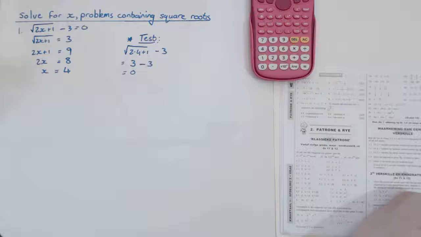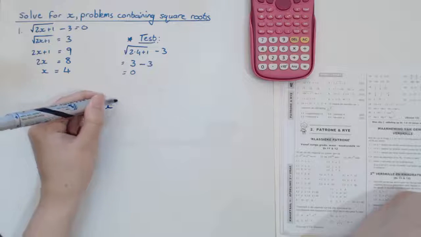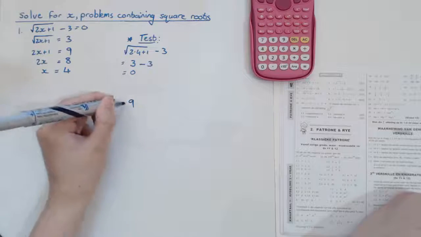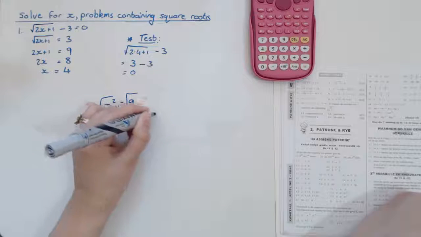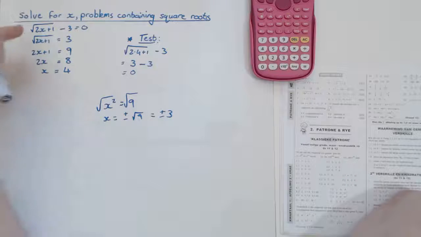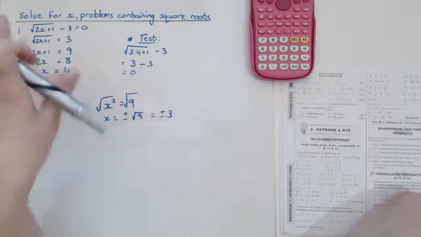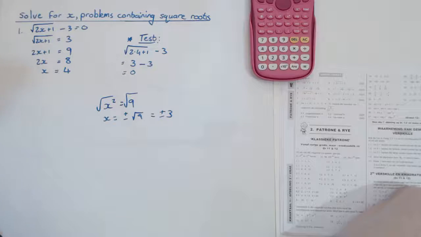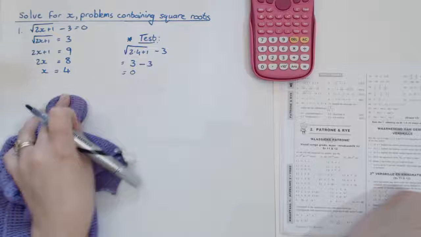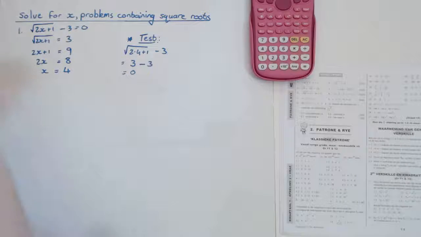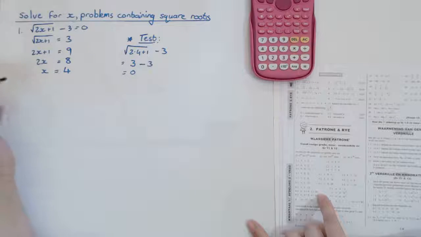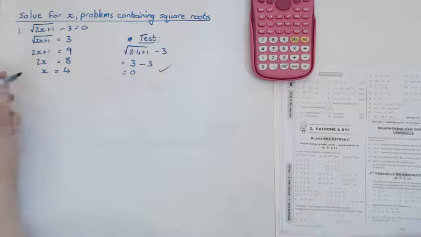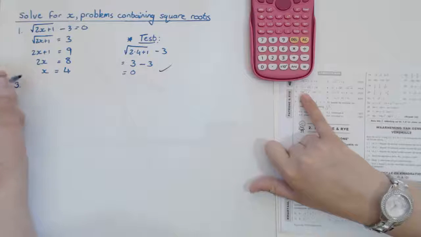But if you take a root, if you've got x squared is 9 and you go take a root, then you have to put a plus minus in front. But this root, you didn't take it, it was given to you and it's positive. So you assume it's positive unless there's a negative in front of it. So this answer works, it's perfectly fine, so that's an answer. Then let's quickly look at this one.